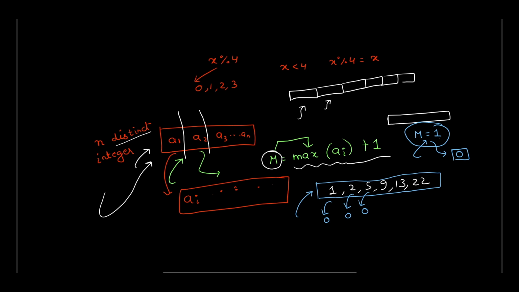So you can see that on the extreme end, you have 1 where all the elements are in one bucket, and then you have max of ai plus 1 where all the elements are in different buckets and none of the elements are identical to or congruent to each other. So you will see how these interpretations will help us in the tree problem.